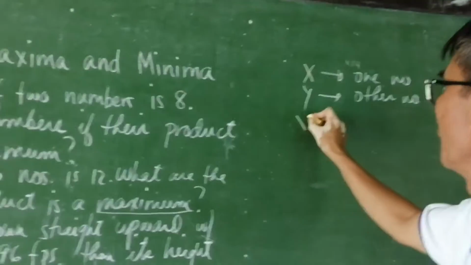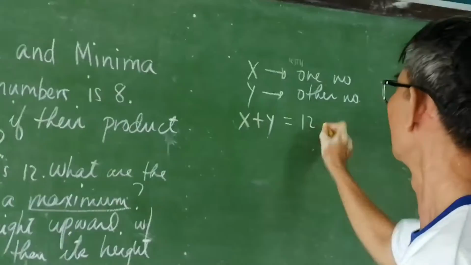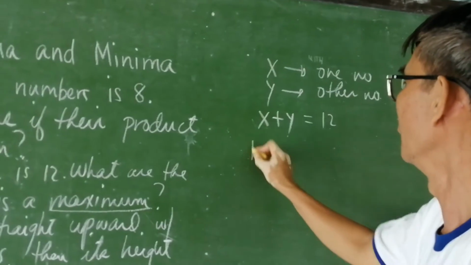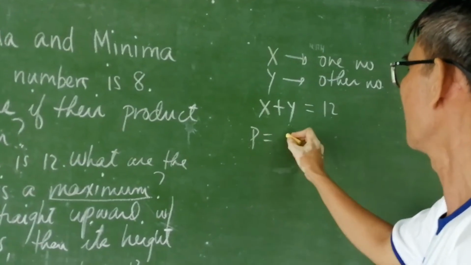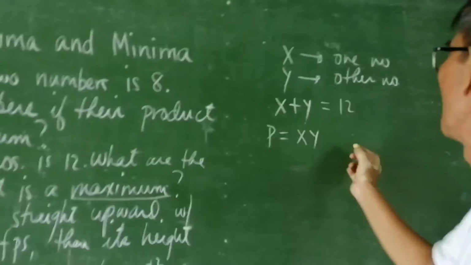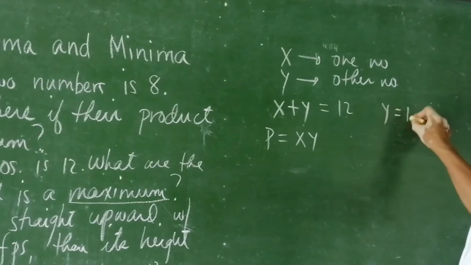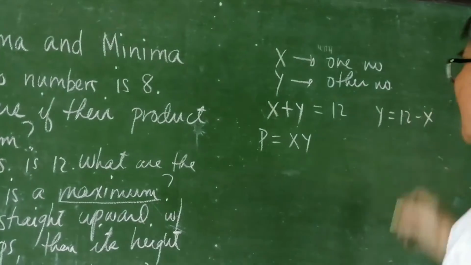So simply x plus y equals 12, and the condition is the product must be maximum. So we solve for y here. y will be equal to 12 minus x.